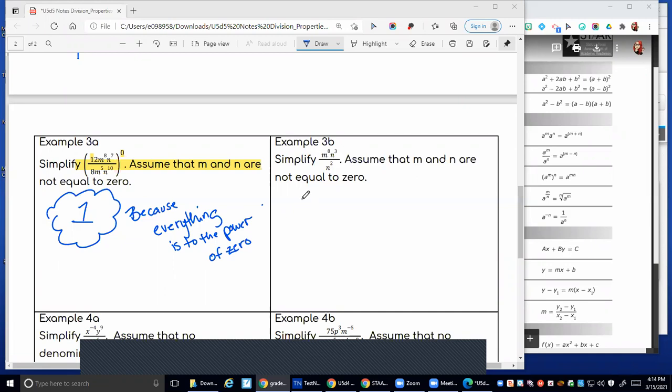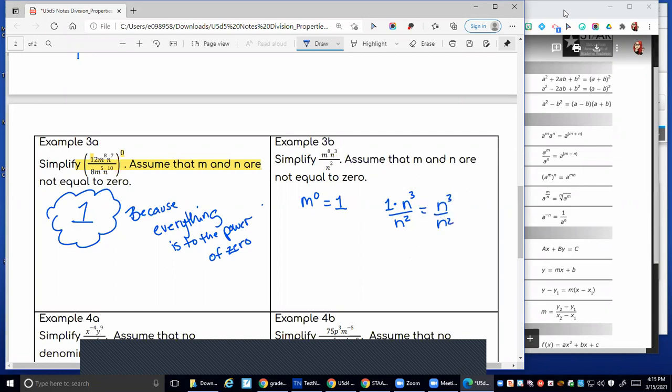So m to the power of 0, like we said, anything to the power of 0 is just 1, right? So I'm going to plug that in. That's 1 times n to the 3rd power over n to the 2nd power, right? Which basically simplifies to become this.